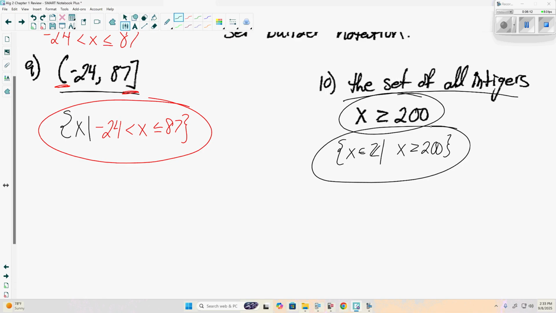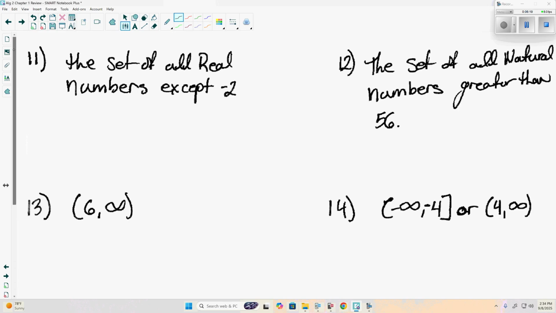We're going to look at one more. We'll look at number 11. The set of all real numbers except -2. Since we are talking about the set of all real numbers, we'll go brace x bar, set of all real numbers. So except -2, so we're saying what? X cannot be -2.